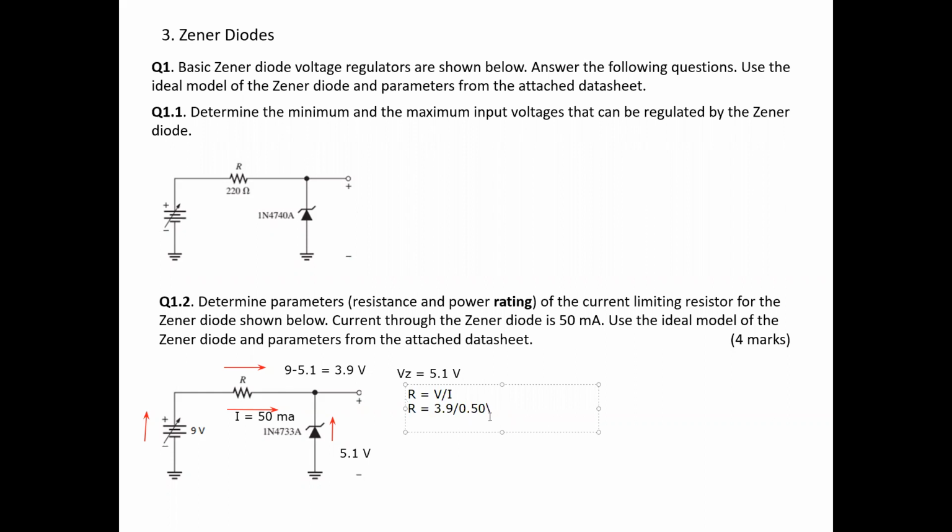I just converted this to ampere. This will give you R equal to 78 ohms resistance. So in this way we can do this calculation.